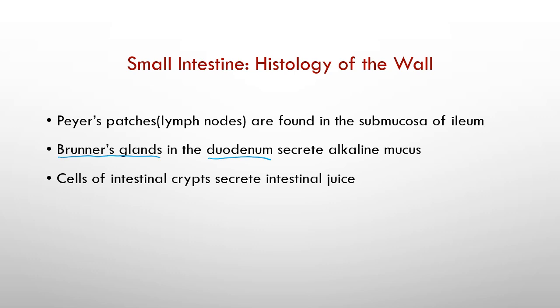These glands are found only in the duodenum, and their job is to neutralize all of that acid chyme coming from the stomach. So they're going to produce an alkaline mucus that is going to help to protect the inside of the small intestines at the duodenum.